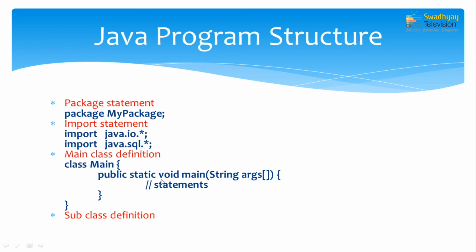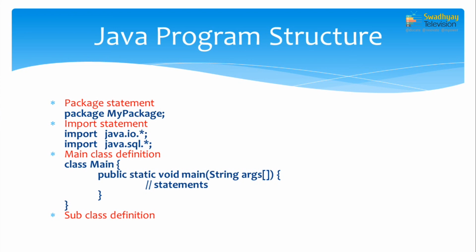This main method is compulsory in the main class, and whichever class contains this method is called the main class. So, we write at least one class, write the main method inside it, and this class is known as the main class.